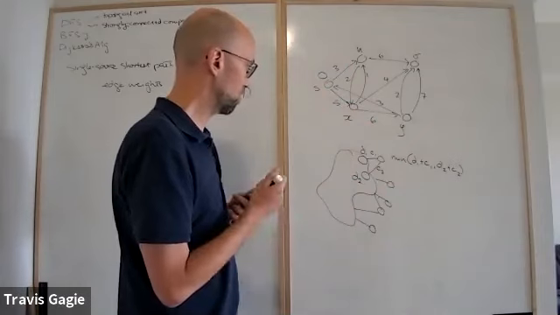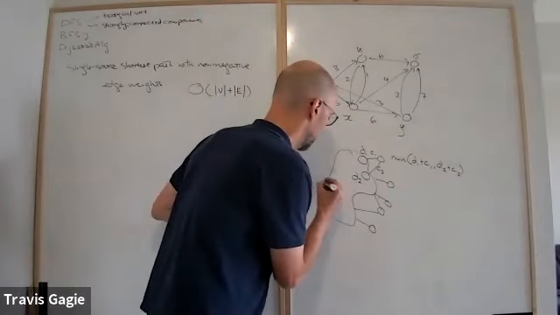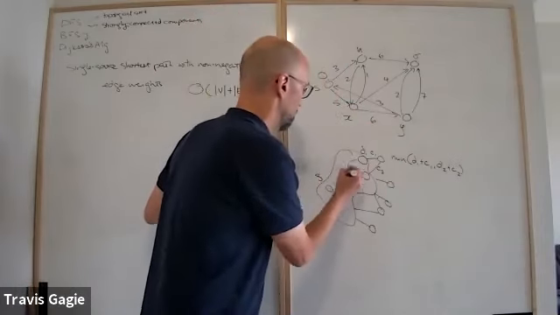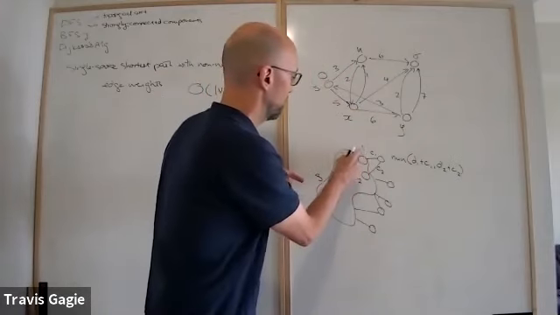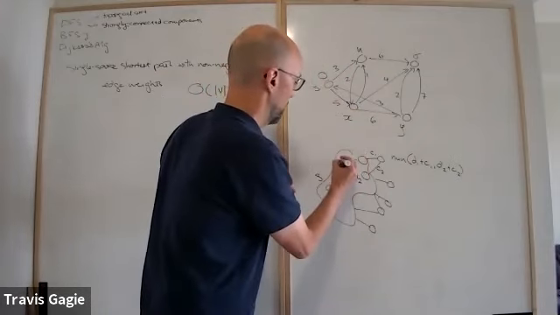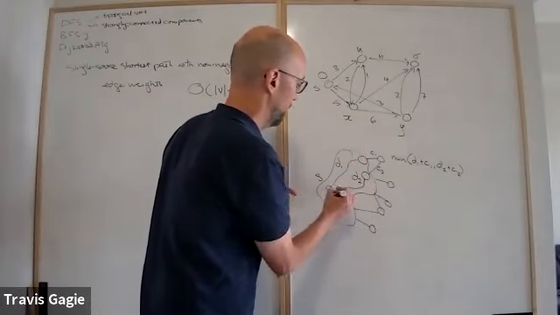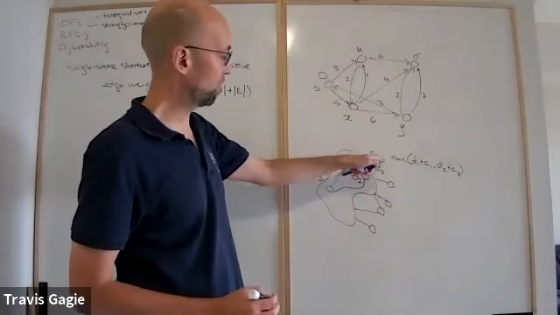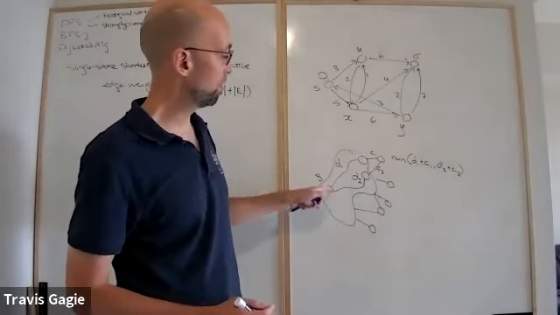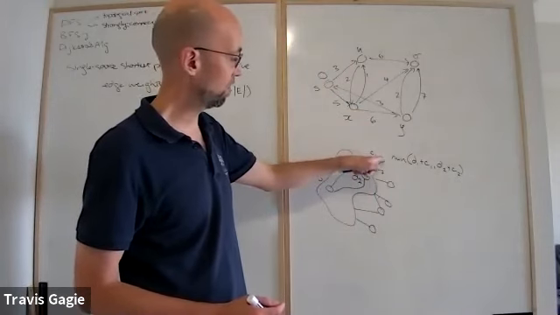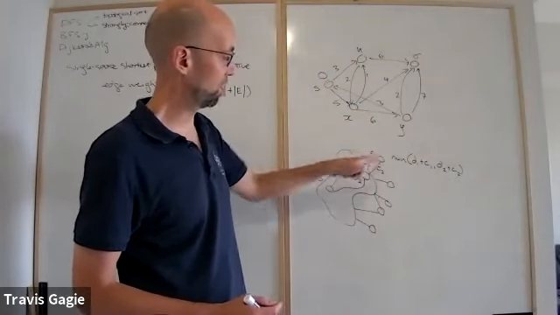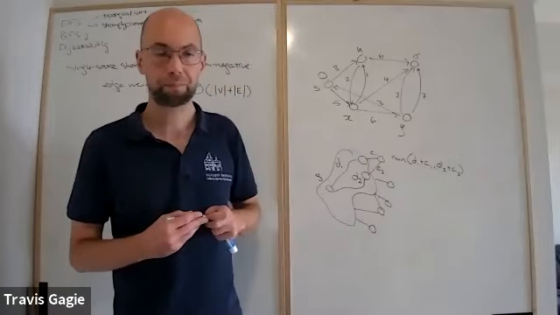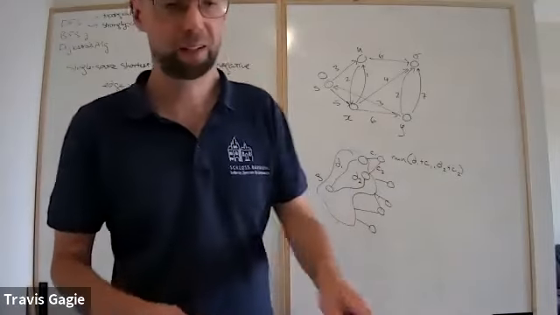And you're still considering the distance from S. So this cost is d1, and this cost is d2. So the cost of getting here is the minimum of getting to this and taking this step, or getting to this and taking this step. Okay. So let's see how it works.